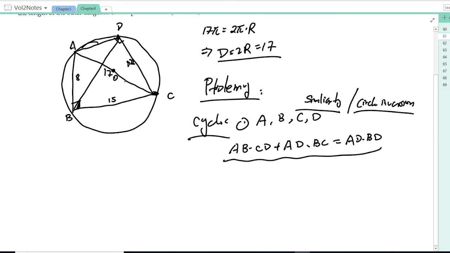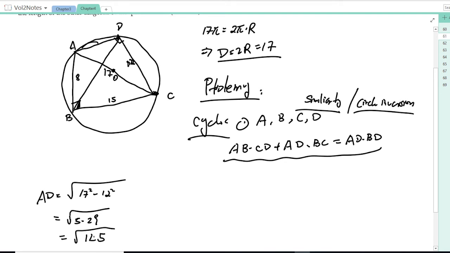So now you can see you have 17, you have 12, right? So AD equals the square root of 17 squared minus 12 squared, which is 5 times 29, equal to root 145.